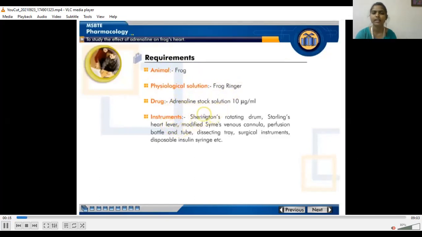The instruments are Sherrington's rotating drum, Starling's heart lever, modified Sheen's venous cannula, perfusion bottle, tube, dissecting tray, surgical instruments, and disposable insulin syringe. So these are the requirements for that experiment.